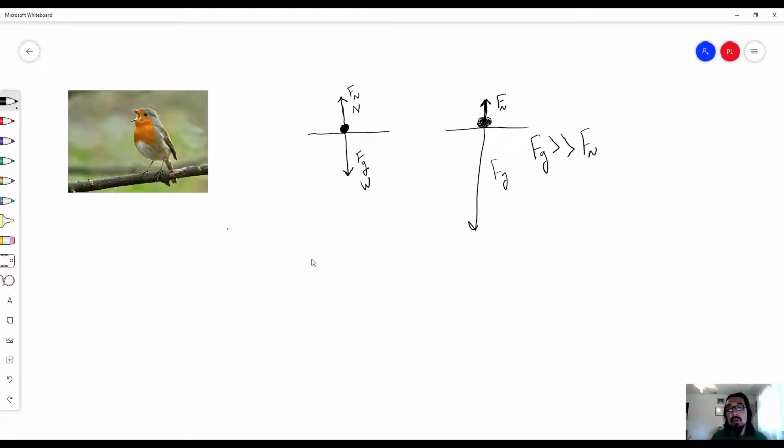And so if I see this, what I am predicting will happen next is, because remember, a force is either a push or a pull, and right now it looks like the force of gravity is pulling on this poor bird way more than the surface is pushing back on it, that this bird will probably go right through the branch, breaking the branch. And you know, we don't want that to happen. All right, so it's as simple as that. Let's do another one.